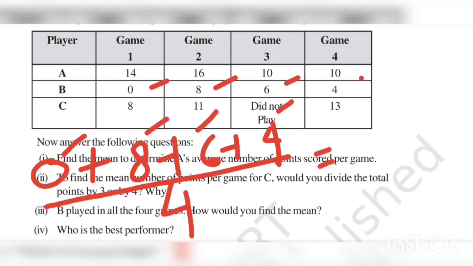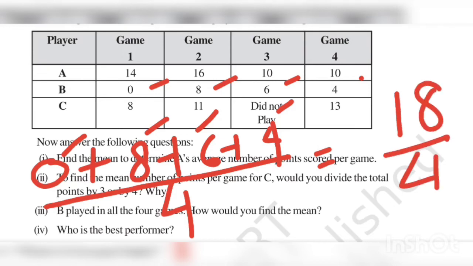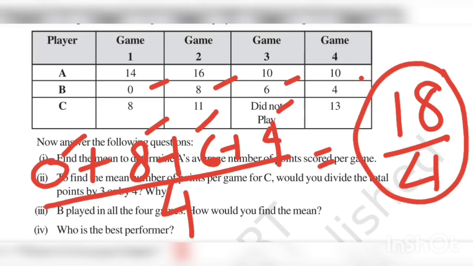So let's add them all. This is the mean score of B which we are getting here. If you are willing to convert this fraction to a decimal number, you can. If you are not willing to, then don't. Let's come to the next one.